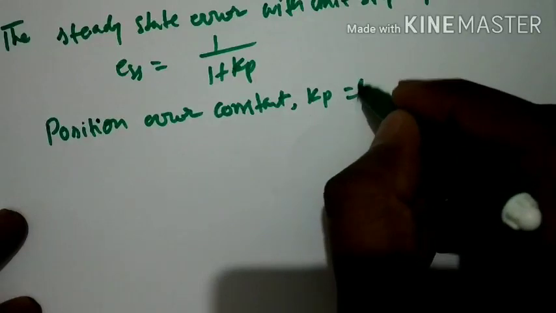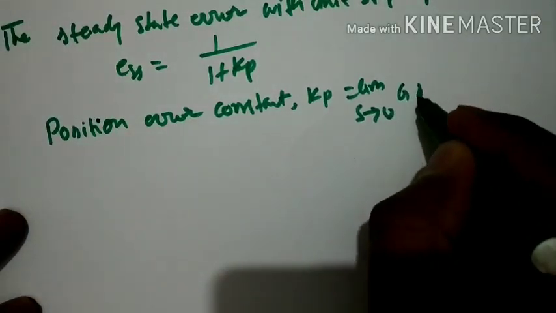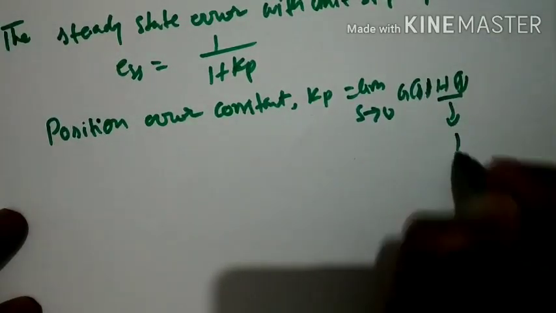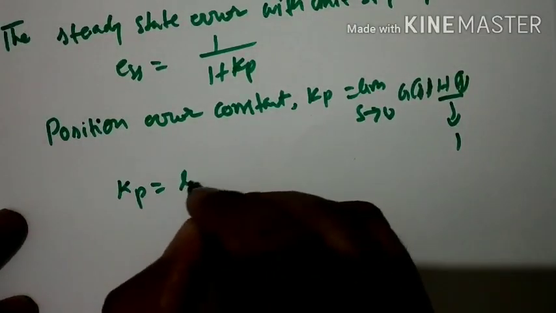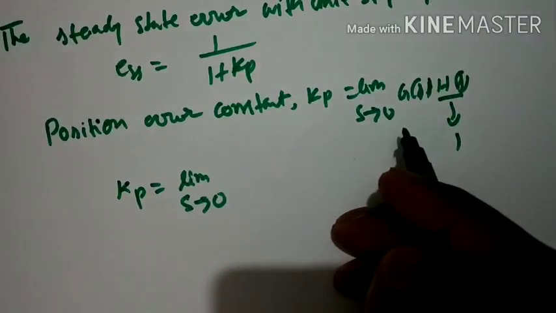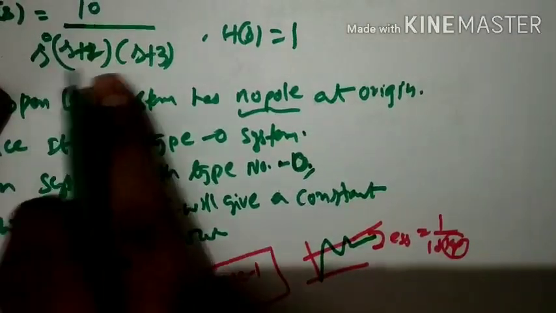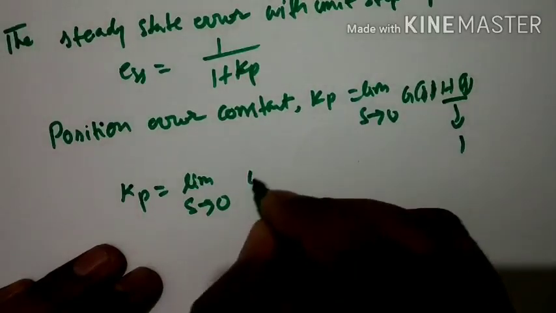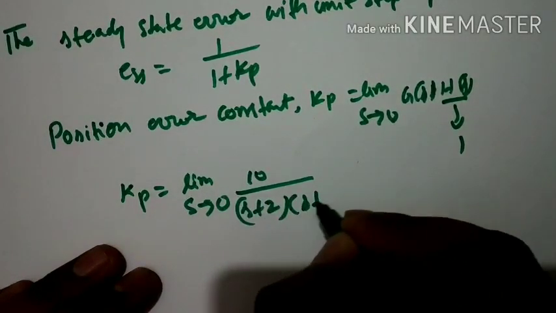You know that Kp is the limit as s tends to 0 of G(s) H(s). H(s) is what? 1, since it is a unity feedback. So what is our transfer function? 10 / ((s+2)(s+3)).